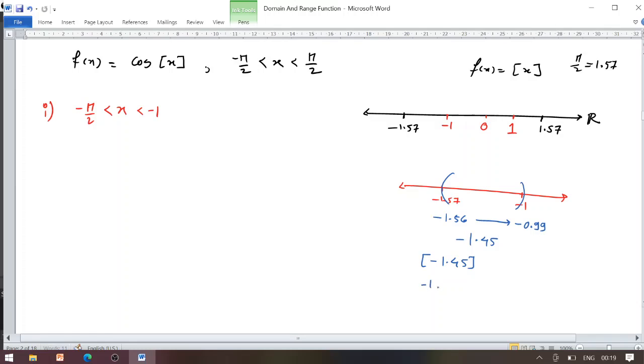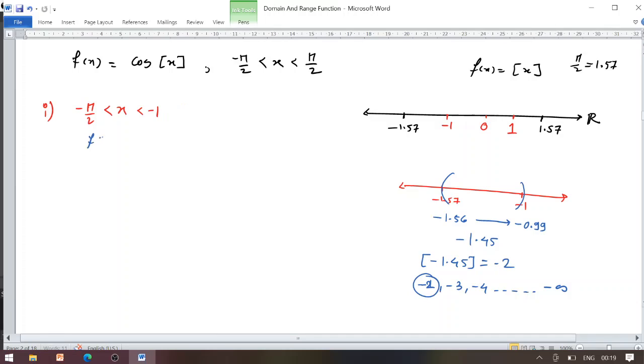So we are having minus 2, minus 3, minus 4, and so on up to minus infinity. Ultimately we have to consider minus 2, because among them the greatest integer is minus 2. So the greatest integer value of minus 1.45 is minus 2.